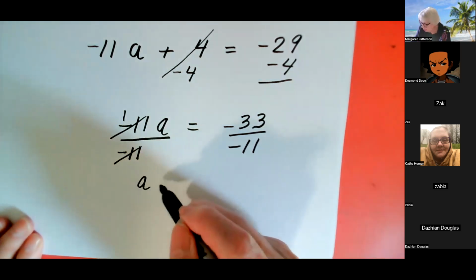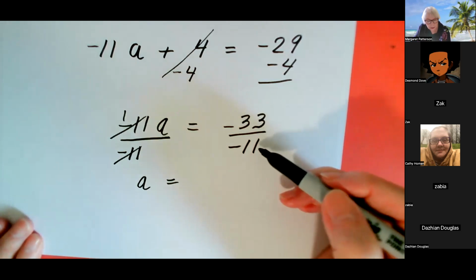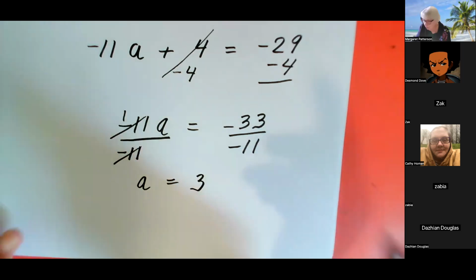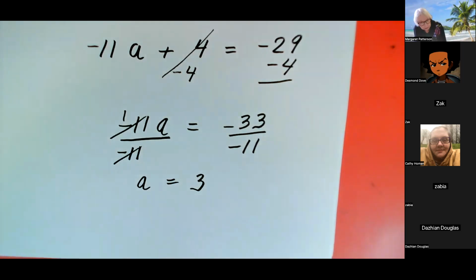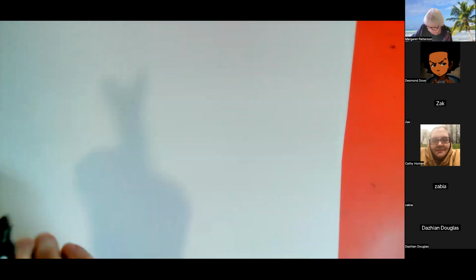And that's 1a, which is a. The two negatives make it positive, and 33 divided by 11 is just plain 3. Okay, this is your best bet. And I'm going to try one with a fraction.